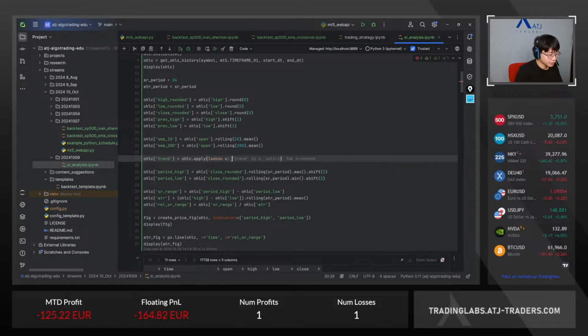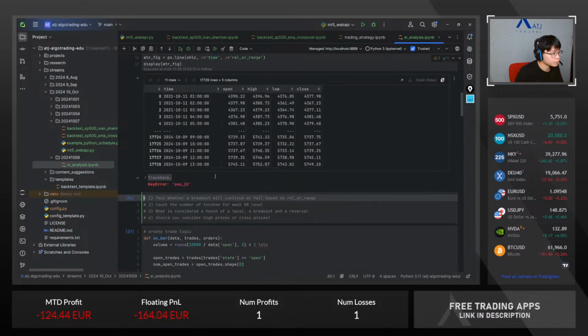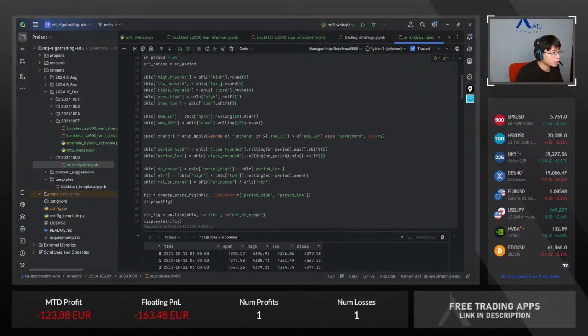So this lambda function will define uptrend if x SMA 10 is above x SMA 200, else downtrend, right? And then here I will also add axis equal to 1. So that way I can create a trend filter. Oh, this is supposed to be 200.